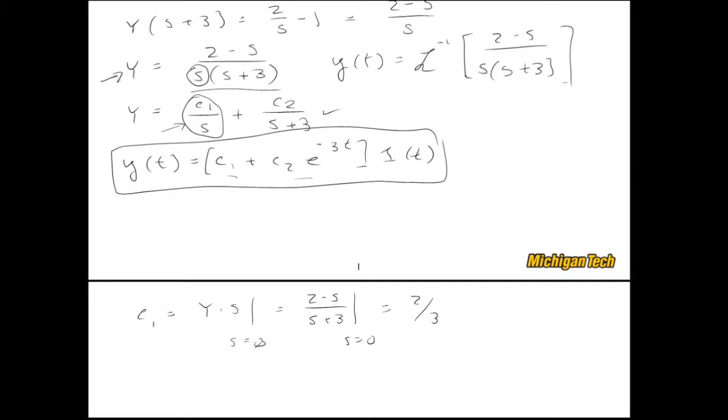Wonderful. C2 is equal to Y times s plus 3. And let's see, if we come back and look at this, we can see that we'll have a 2 minus s. Oops, I messed something up here. This shouldn't be s equals 0, that should be s equal negative 3. It has to do with that root, the root at negative 3.